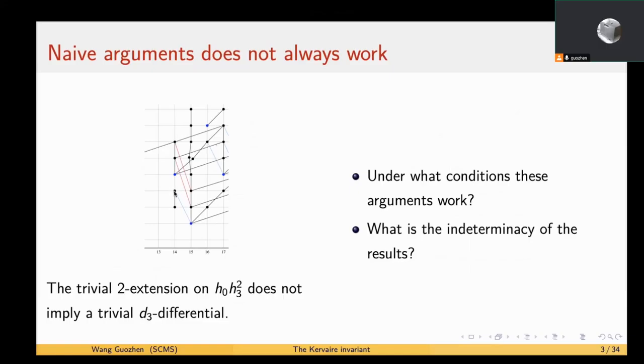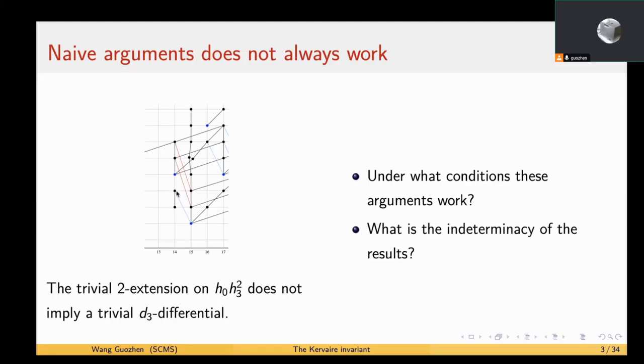This black dot, which is h0 h4 squared, does not have any non-trivial 2 extensions, because all the candidates are already 2 multiples of something in higher filtration. So by the definition of 2 extensions, this black dot does not have any 2 extensions.